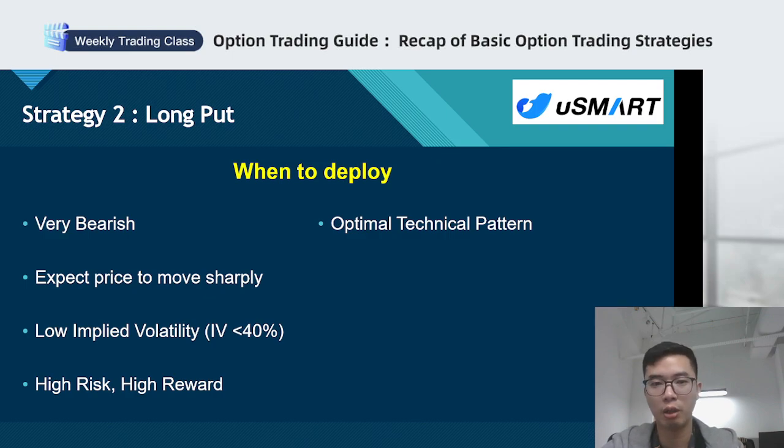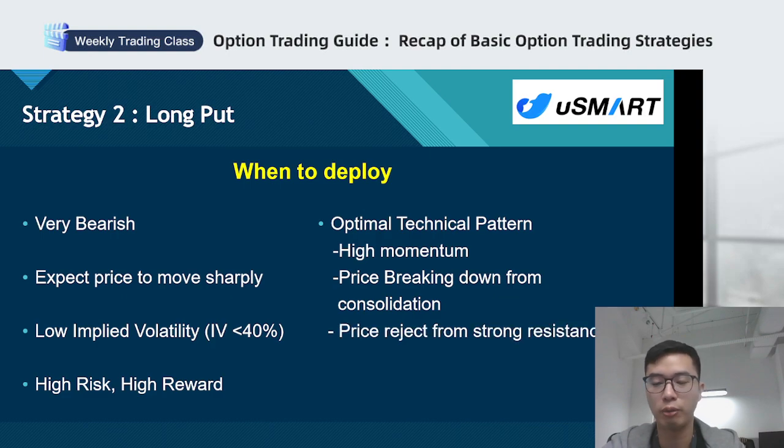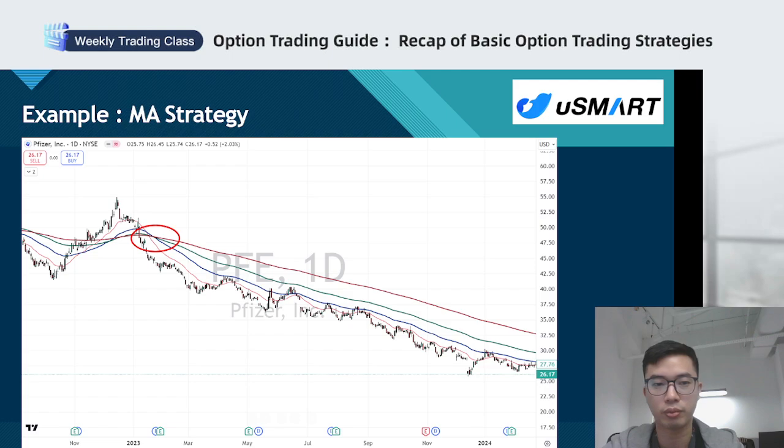Then for technicals, I will look for optimal technical patterns. I look for high momentum, the price breaking down from consolidations, and price rejecting from a strong resistance. To look at the big trends, we use the MA to filter out the trend.